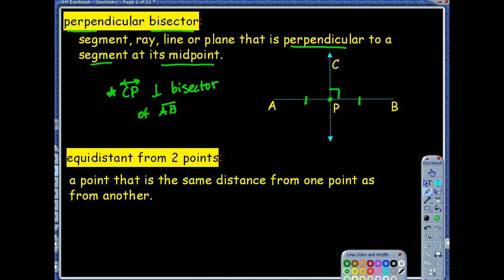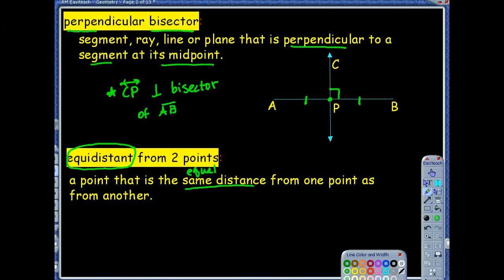All right. Another term, lots of vocab in this section. Equidistant from two points. Now this word equidistant is something we need to get comfortable with. It kind of sounds like equal distance. So this idea of the same distance or equal distance, I like how you said that, Ms. Oakribby. It says a point that is the same distance from one point as it is from the other.